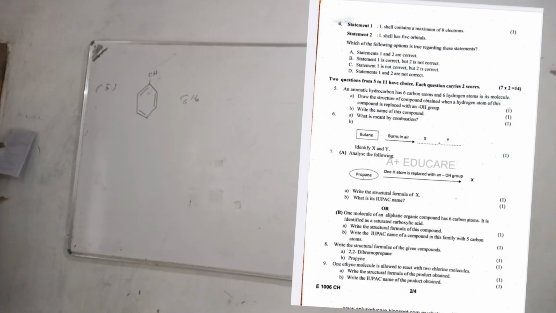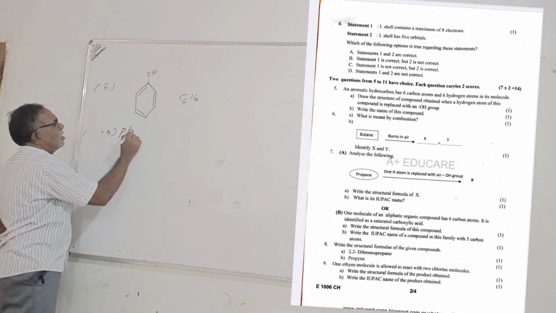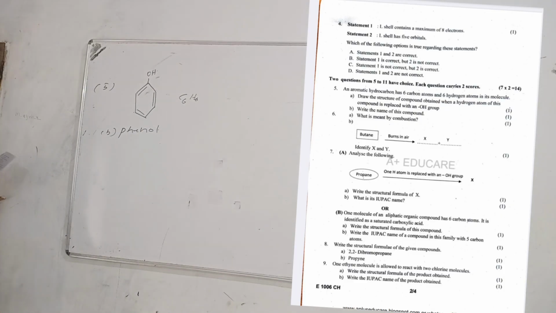This is the structural formula of that compound. Now the name of the compound: this is phenol. The name of the compound is phenol.